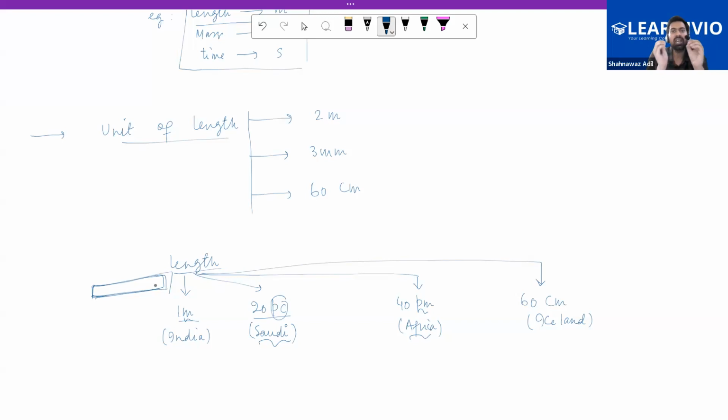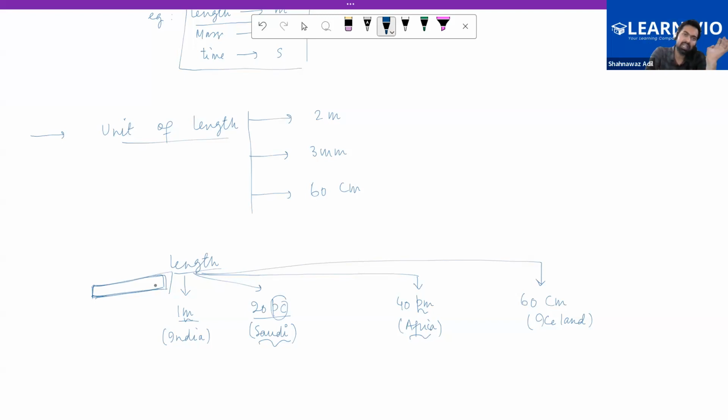And that is why we have this international system of units. So that solves all this confusion. And in all of these areas around the world, we have a particular set of units to define a particular measurement.